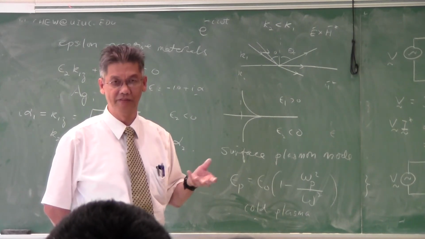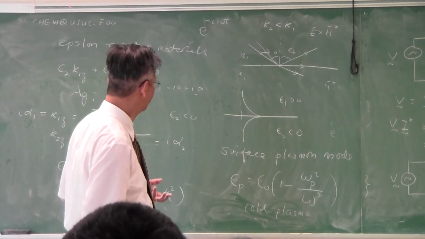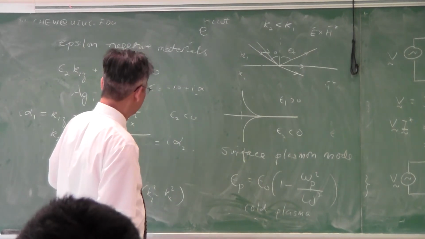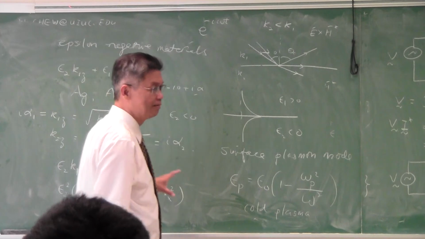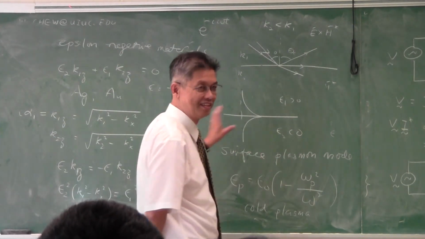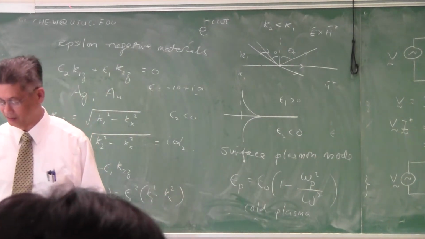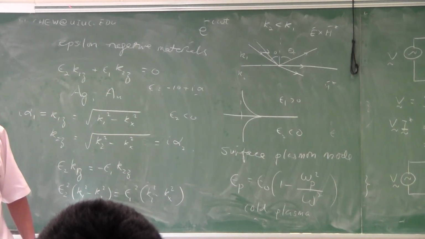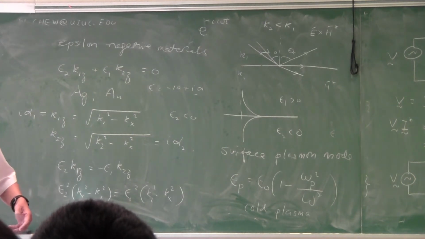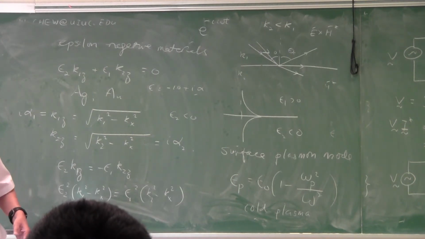But it will have collision and it will give rise to losses in the system. In order to understand this in a very simple-minded fashion, we can assume no loss. If you assume no loss, then you can understand surface plasmon quite easily. And then you can always put in loss as a perturbation, and the physics will not be drastically changed.